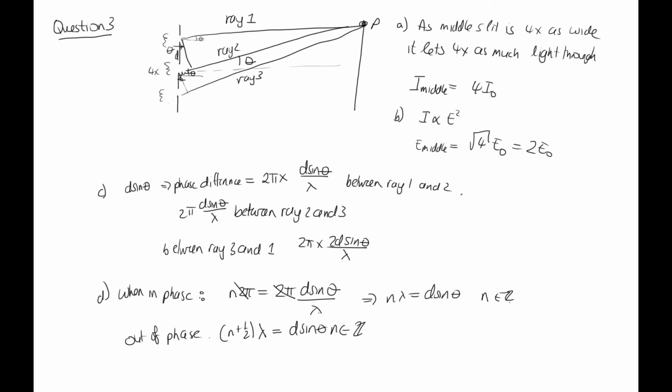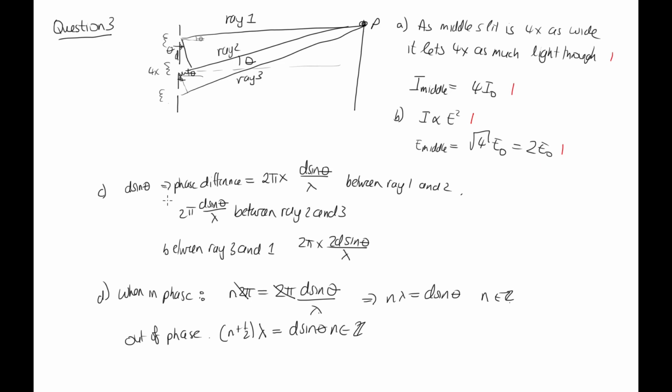Okay, so let's have a look at how this would be marked. For part A, we get 1 mark for realizing that it's going to let through 4 times as much light, and then 1 mark for getting this expression here. For part B, 1 mark for relating the intensity and the electric field strength, and then 1 mark for giving the expression for the electric field strength.